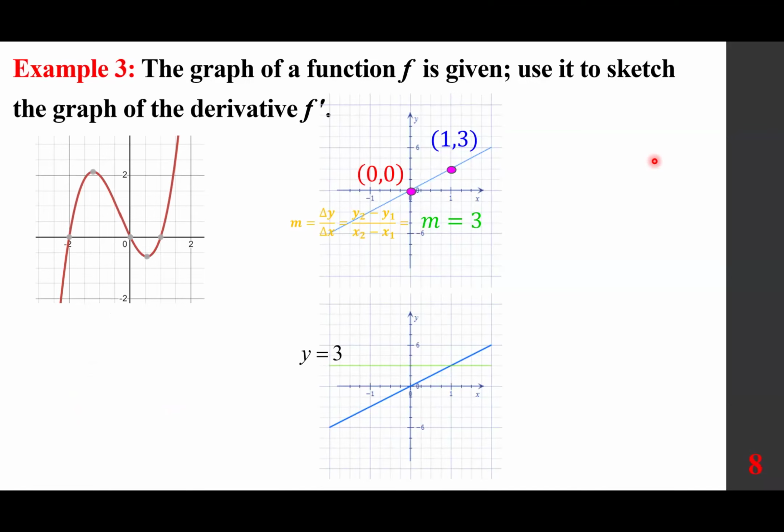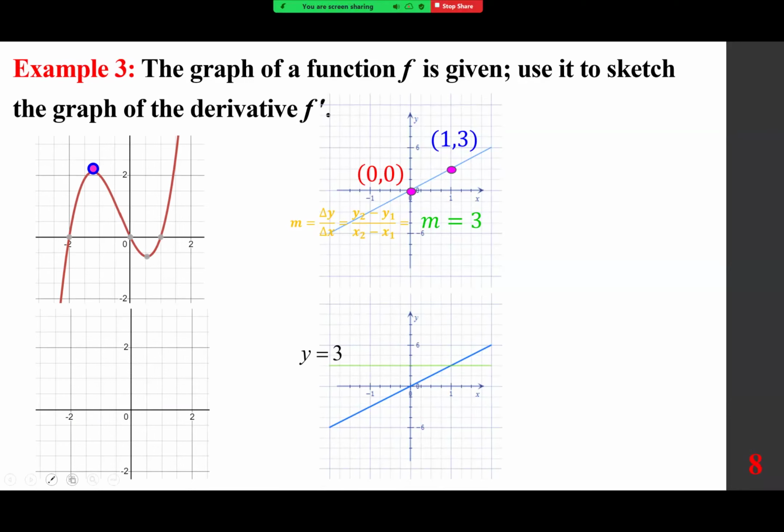Let's look at this function. First, the easy points. This point. This point.